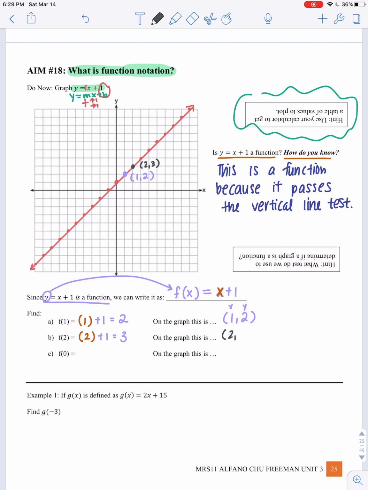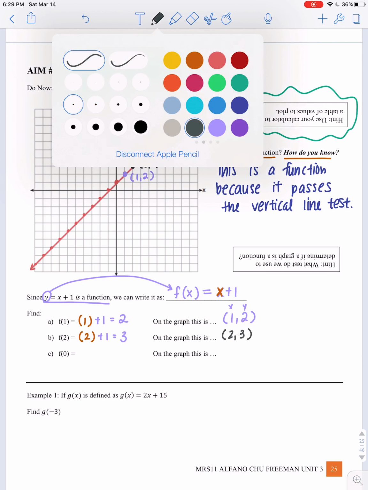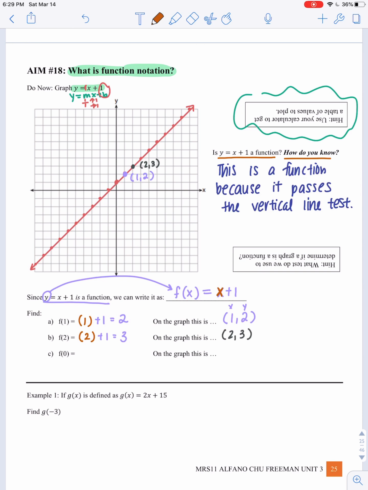So that's (2, 3). And then one more, let's do this. f of 0, so instead of x, I'm plugging in 0, and I'm going to say that's plus 1. Plug this into your calculator or do it in your head. 0 plus 1 is 1. And on my graph, let's identify that point. When x is equal to 0, my y value is 1. That's right there.